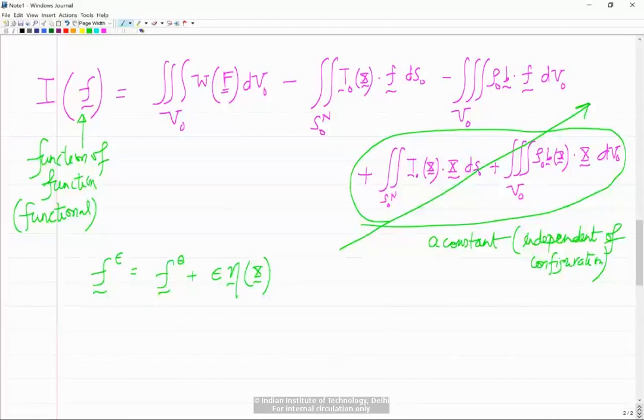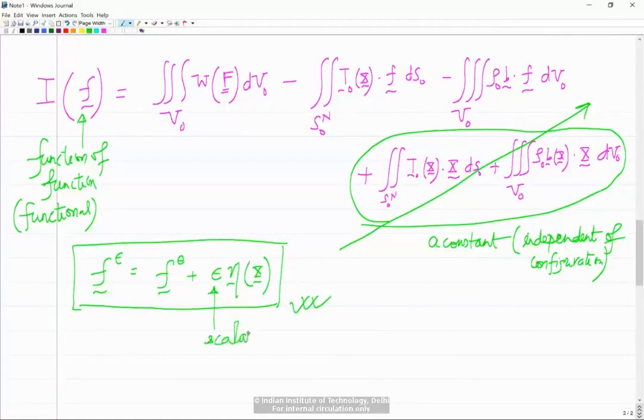But the most important thing that is happening here, through this technique, you are able to mathematically write down the change in function f in terms of this scalar epsilon. Of course, eta is also there, but you have also this scalar epsilon, which you can change to change the function. So you can now think of minimizing with respect to epsilon.